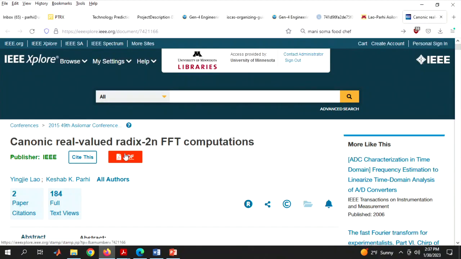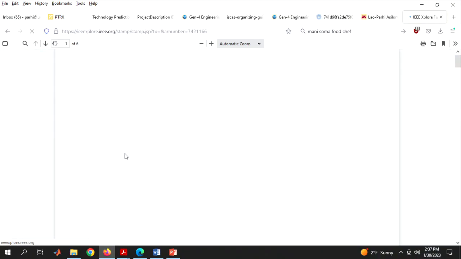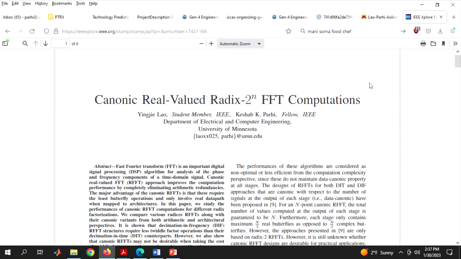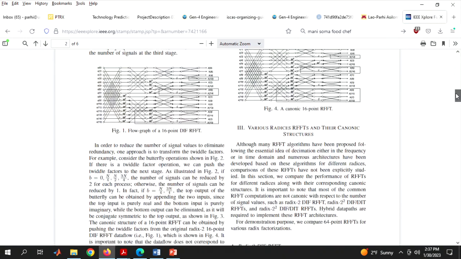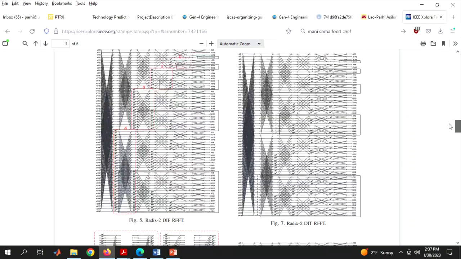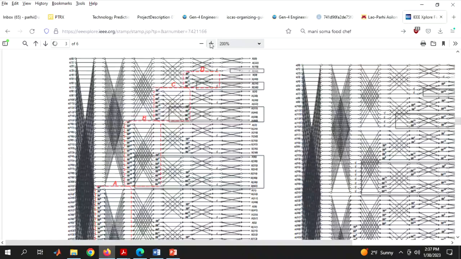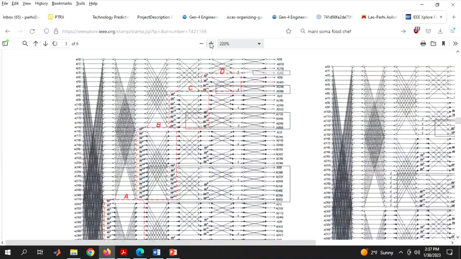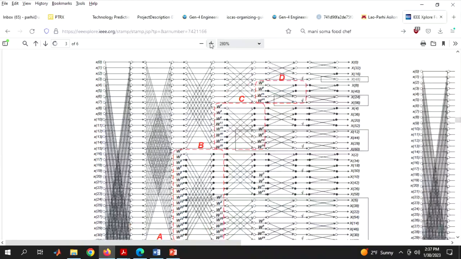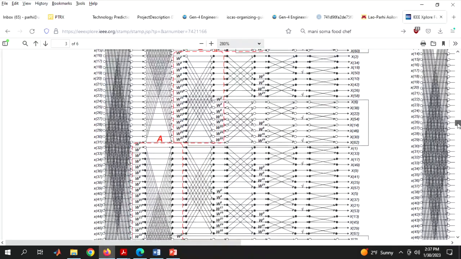So if you look at the block diagrams in this paper, let's go to one of the complex diagrams. Okay, so this may be a good one to look at.